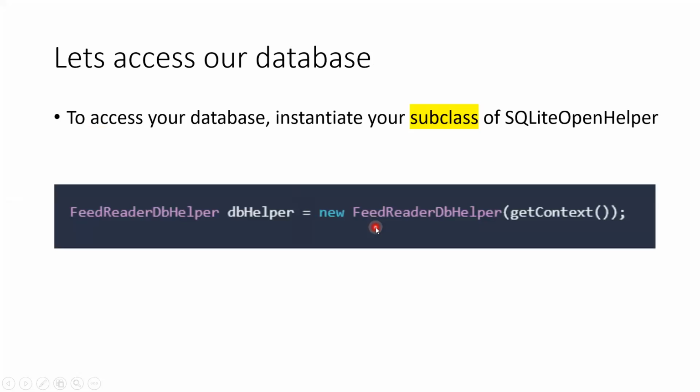As it enters its life cycle, the onCreate method is going to be called, and whatever you do with that object, it will keep entering its life cycle states. So this is the command that is used to instantiate the subclass of SQLiteOpenHelper. And in this way, you will be able to access your database through the DB helper.